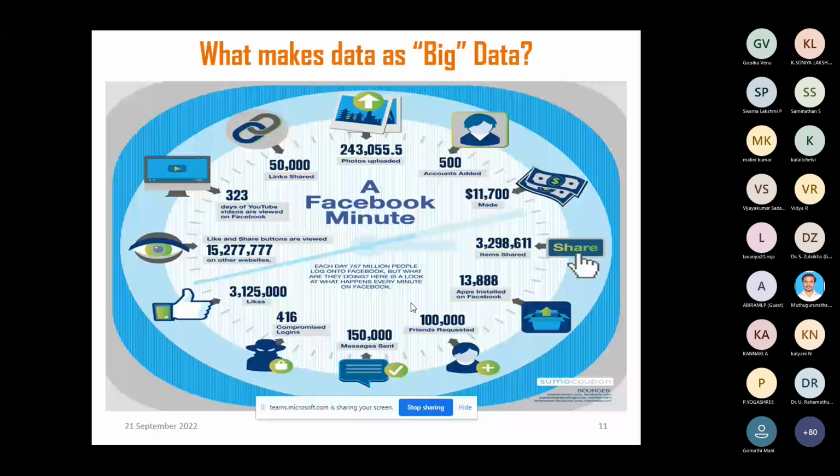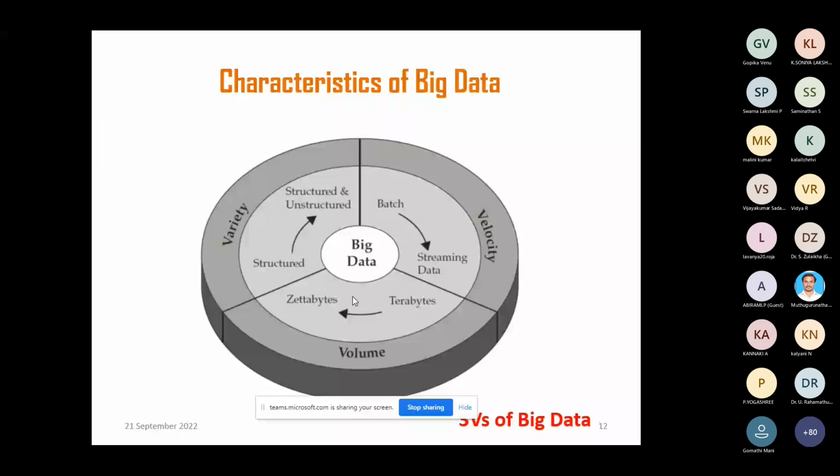And now coming to some fundamentals of big data: the characteristics of big data. In the initial days, when they started to coin the term big data, they began by defining a three-V model for big data characteristics: volume, velocity, and variety. Volume speaks about the size of data that you are going to handle, ranging from terabytes to petabytes, zettabytes, and so on.